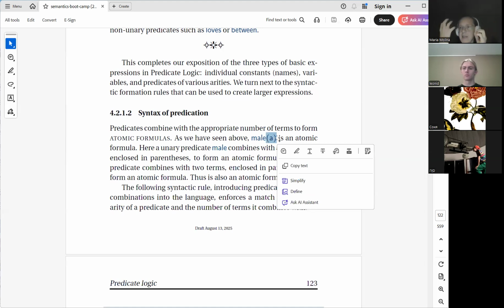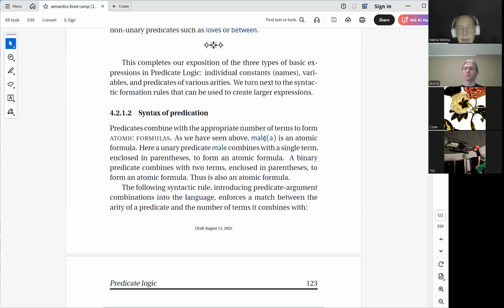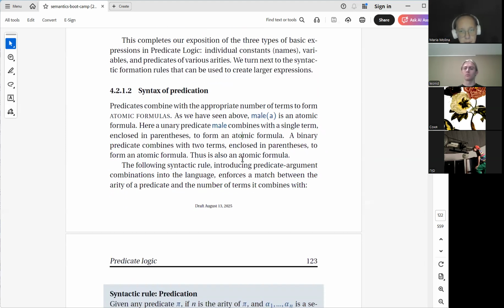Combines meaning we take this individual constant or name and we combine it with a predicate, and we get this formula, which is atomic.